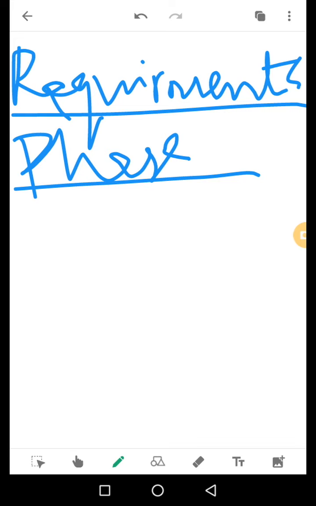Number 1, ambiguous understanding of processes. That is, the understanding of the processes will be somehow ambiguous, that is, somehow unclear to the requirement analyst. Then there will be inconsistency within a single process by multiple users.